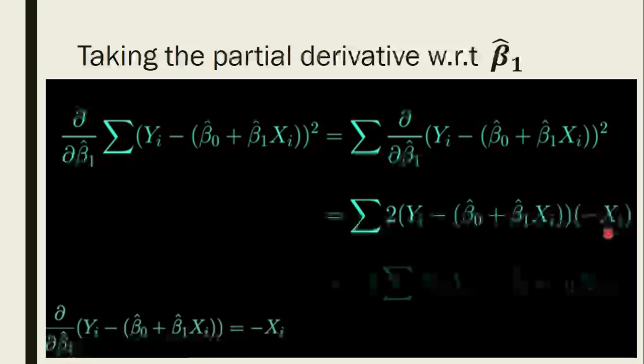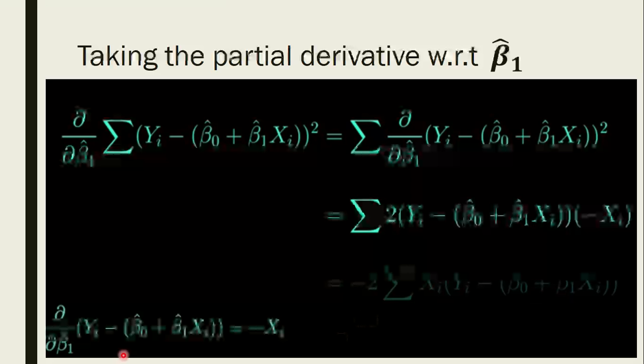Cleaning this up, we can again put the minus 2 out front, and we are left with this summation, that is minus 2 times the summation of xi times yi minus beta naught hat minus beta 1 hat xi. This equation here is the explanation of this, which I have already explained.